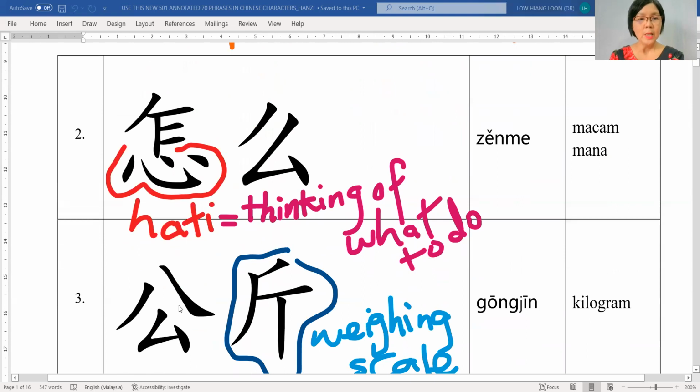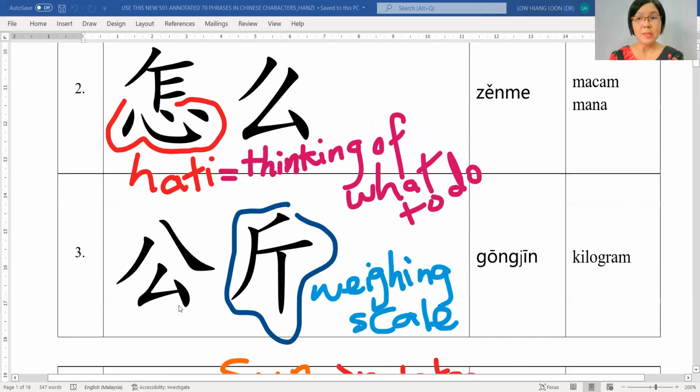Okay, here, this is 怎么. 怎么 means bagaimana, how. When you think of how to do a thing, we always think with our heart. Yaitu in Malay we say hati. Hati saya fikir.